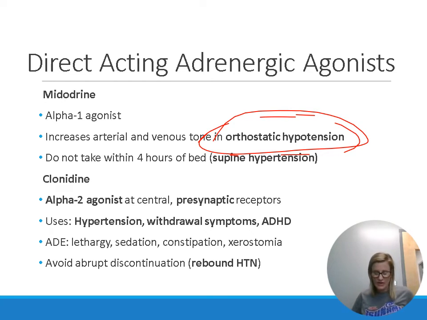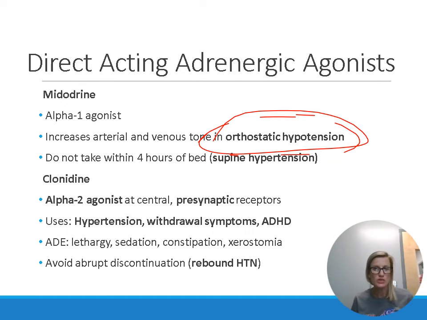All of the vessels in the legs constrict, and that pushes the blood back up so that you have enough going to your brain. Some patients don't have this correct vasoconstriction response. So giving midodrine can cause vasoconstriction so that when they stand up, there's enough blood getting pumped up to their brain.